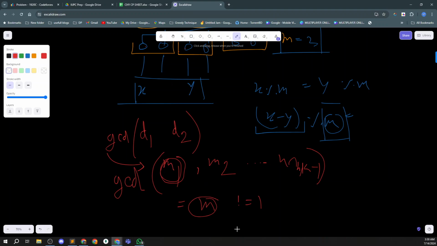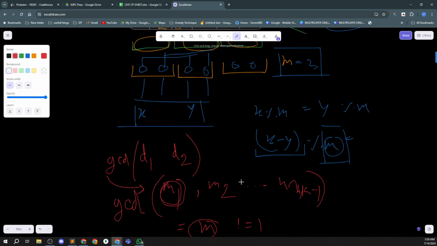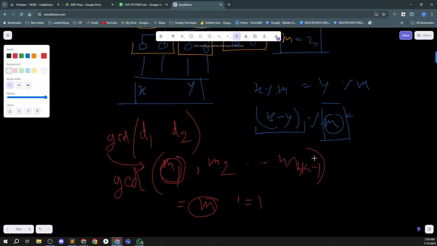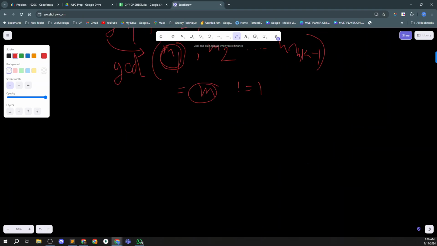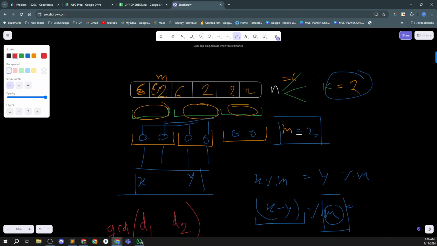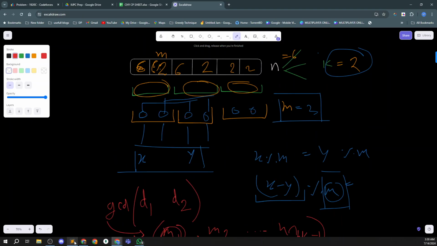This has to be not equal to 1, because if it is equal to 1, then there is no m, right? So I think you have gotten an overview, but you will get the actual perception if I show you the code.